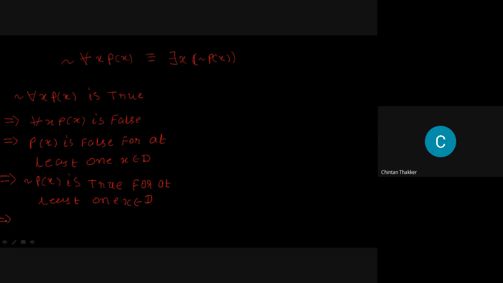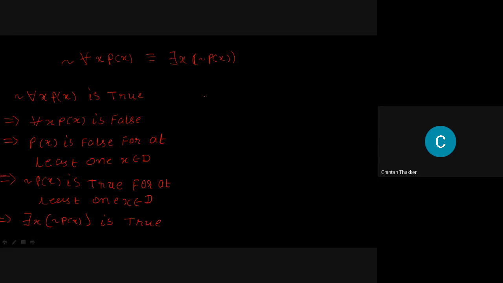So here we have that the negation of Px is true for at least one x belongs to D. So that implies there exists x negation of Px is true. We take the left hand side is true and we prove that the right hand side is true.